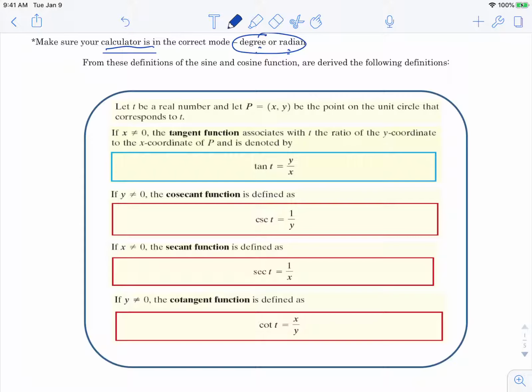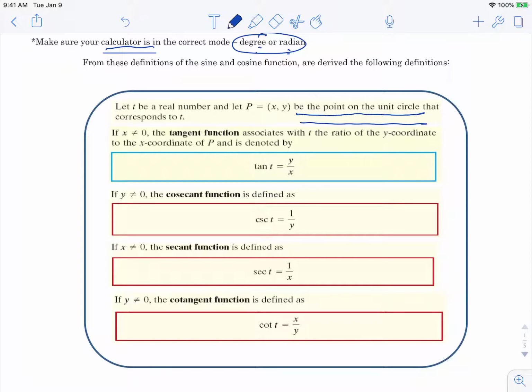In class, we talked about how tangent of t, in class we called it theta, your book is using t as your angle, is the ratio of y over x. Now, one thing we want to pay attention to is that we are telling you this coordinate is on the unit circle.